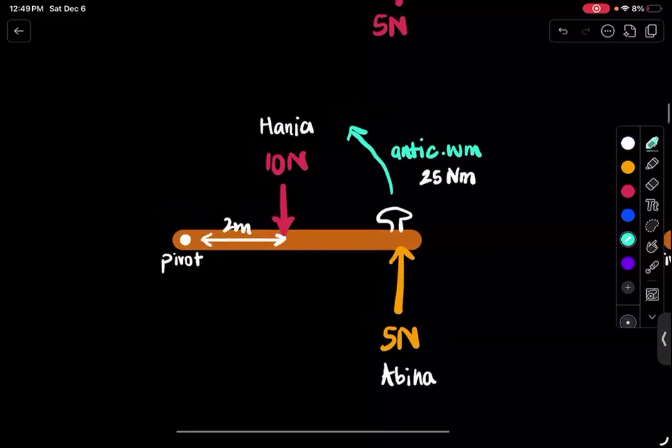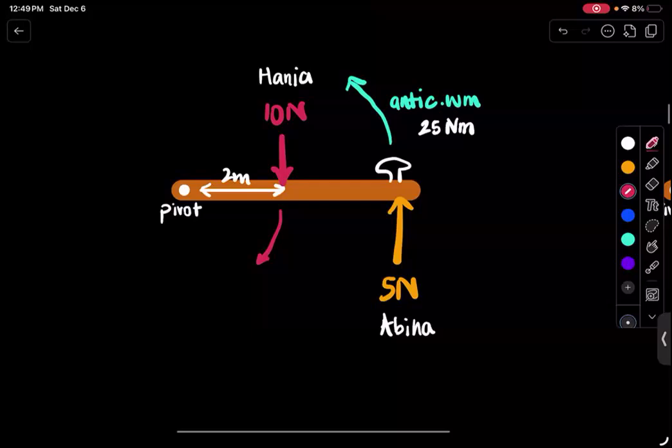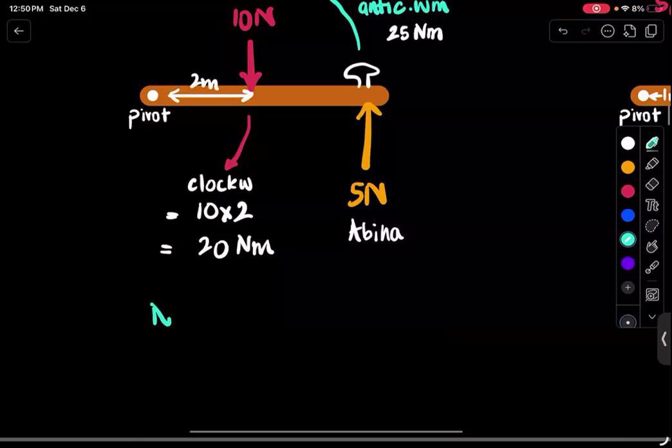But Hania wants to turn or push in the other direction. It's kind of like a tug of war, right? Even though she's applying a much greater force, she does not generate a lot of moment. The clockwise moment is only 10 multiplied by 2, which is equal to 20 Newton meters. So, what would be the net torque?